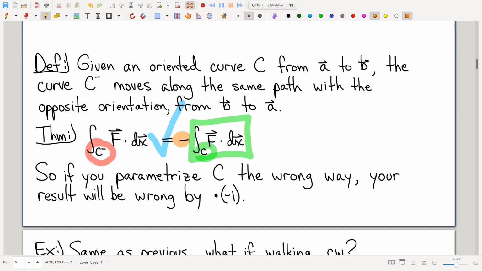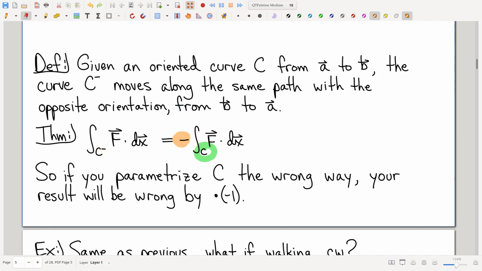You can deliberately do it wrong and then fix it by recognizing that having gone in the wrong direction just introduces a minus sign. So you don't think of this as a documentation of how wrong you are. Think of this as an opportunity to turn what might be an annoying backwards orientation situation into something that's oriented however is most convenient. Okay. So that's a nice little trick.